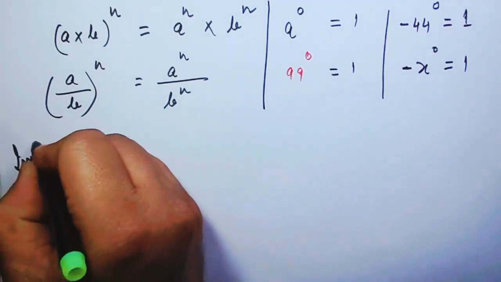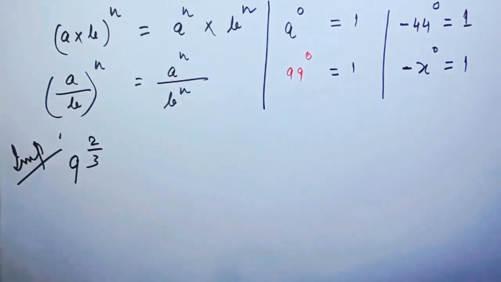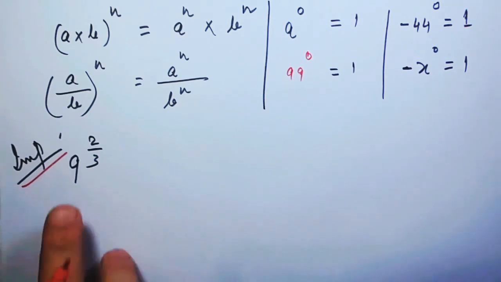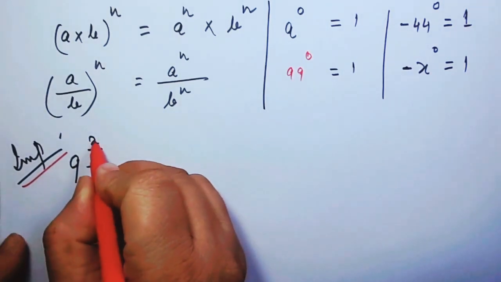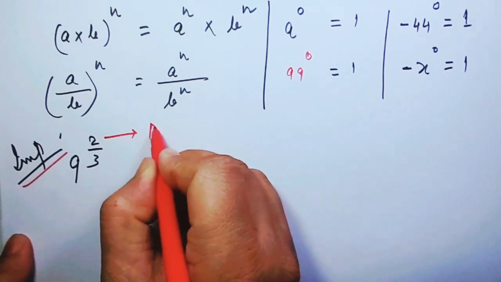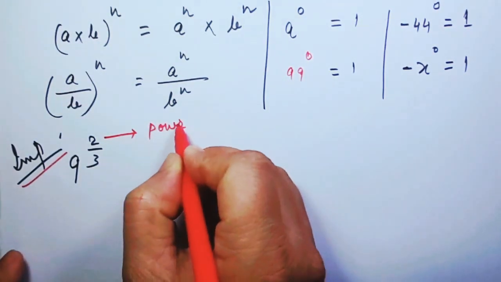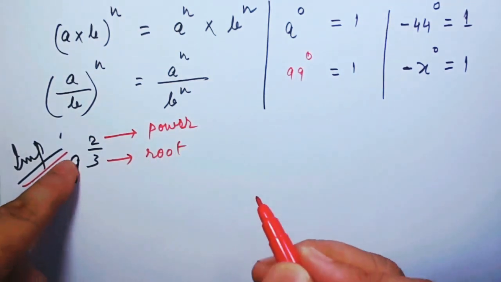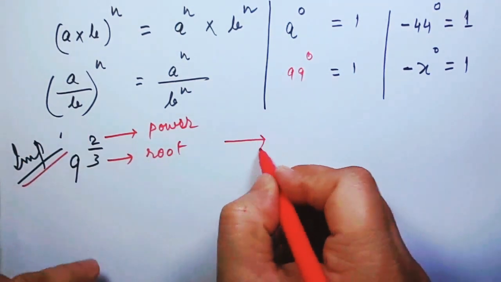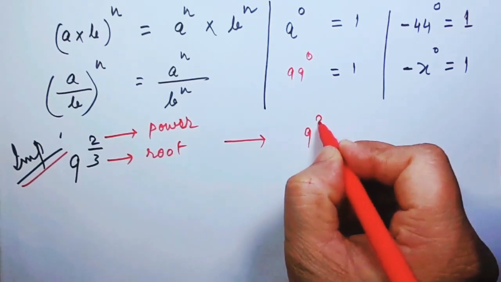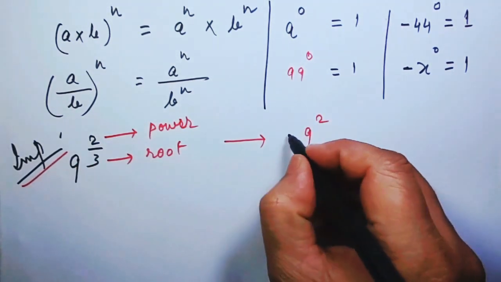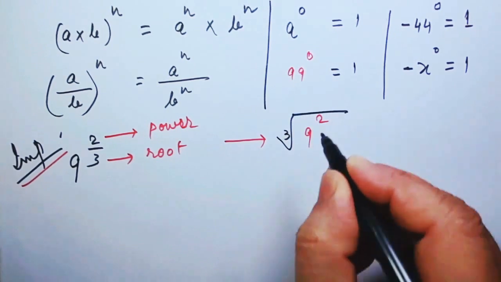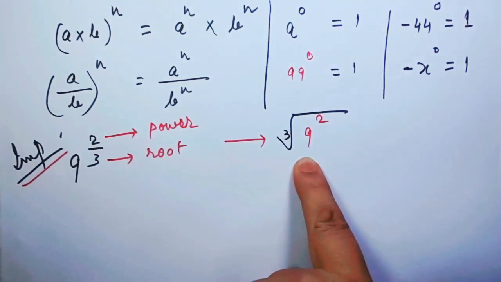Let me write here, very important, and underline it in red. 9 to the power 2 by 3 means that this 2 is our power, and this 3 becomes our root. So 9 to the power 2 by 3 can be written as 9 squared, and this 3 will be its root. I hope this was loud and clear.